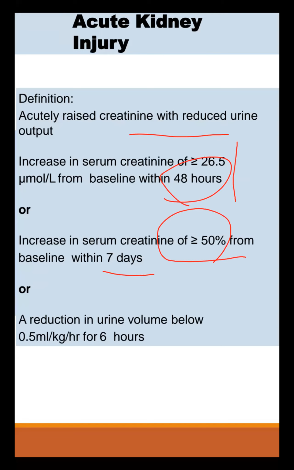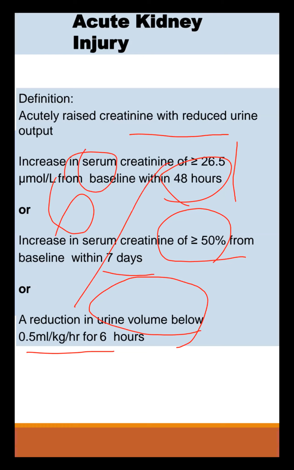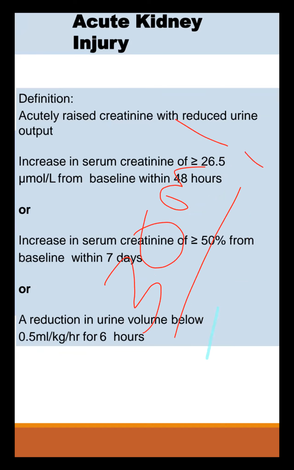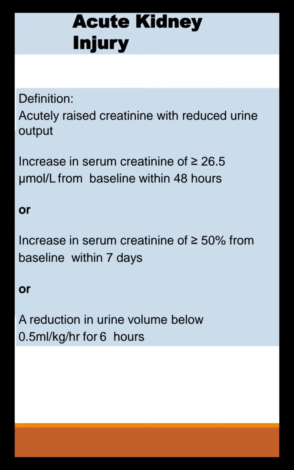Reduction of urine volume: for a 60 kg male, if urine output is below 0.5 ml per kg over 6 hours, the expected output is 30 ml, but if it is below 15 ml, it is renal impairment. This is how we calculate it, though this is just basic. After passing DHA, many candidates will work in critical care and emergency, so just know what acute kidney injury is.